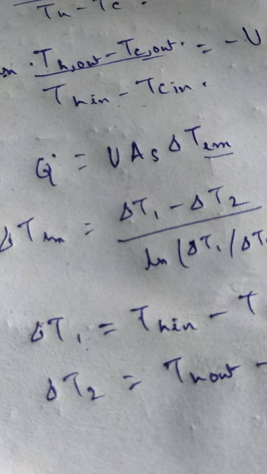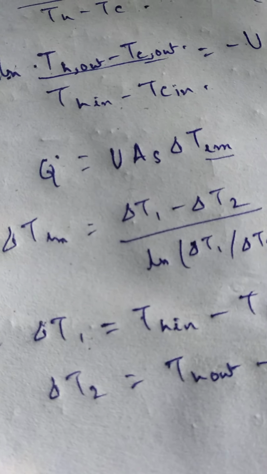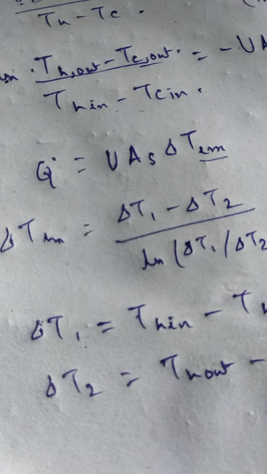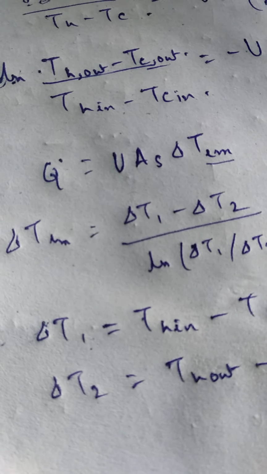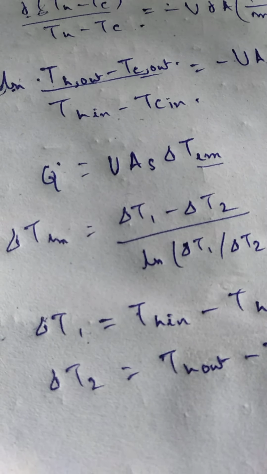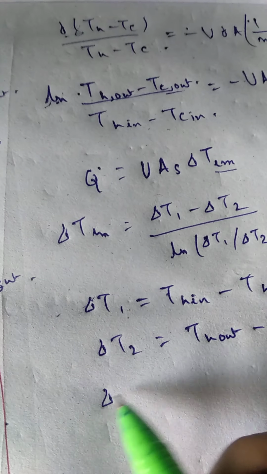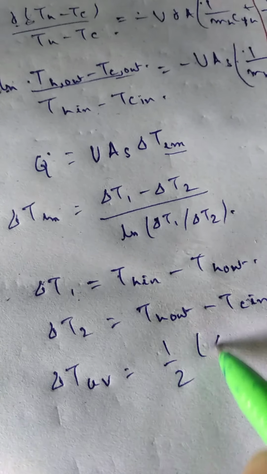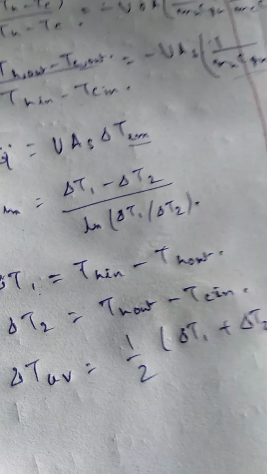So this temperature difference between the two fluids decreases from delta T1 at the inlet to delta T2 at the outlet. The simple average temperature difference will be half of delta T1 plus delta T2.